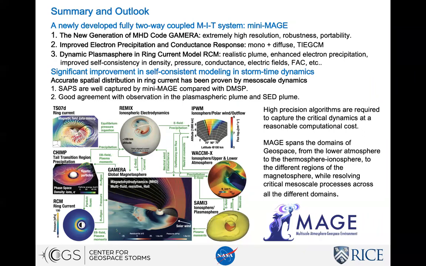In the near future, MAGE will span its domain to the whole geospace, from the lower atmosphere to the thermosphere, ionosphere, and to the different regions of the magnetosphere. It will give better results in storm time dynamics modeling and also other critical mesoscale processes across all the different domains.